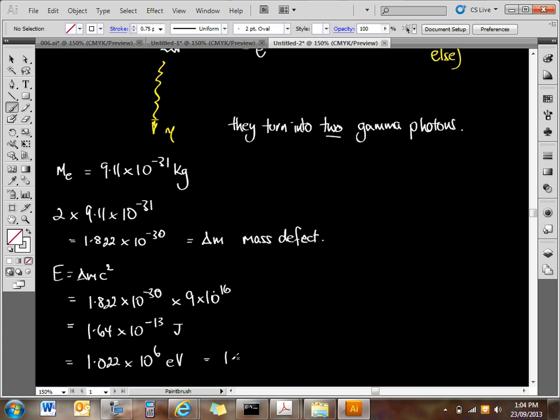And the book changes it to 1,022 keV. 2 photons at 511 keV each. Not unless you're asked to. Often you are asked to, though. Okay.